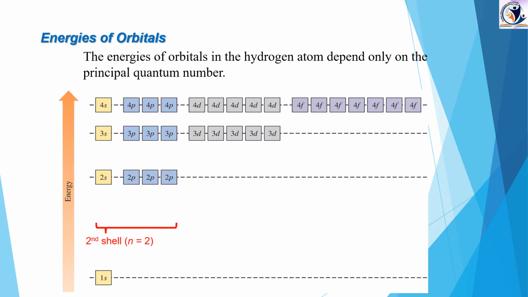The second shell has the principal quantum number n equal to 2. The 2s subshell has n equal to 2 and L equal to 0. Now coming to the next atomic orbital, that is p, the 2p subshell has n equal to 2 and L equal to 1.